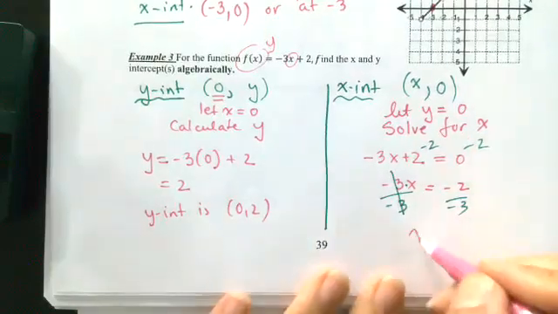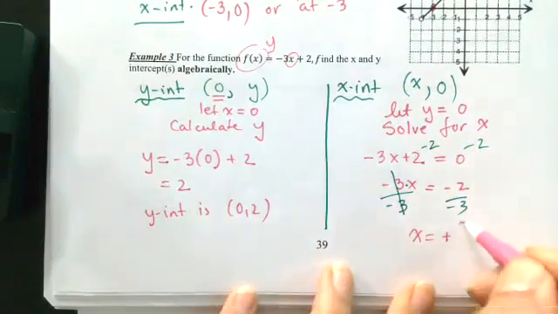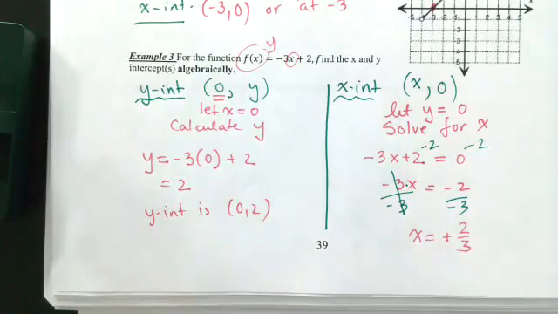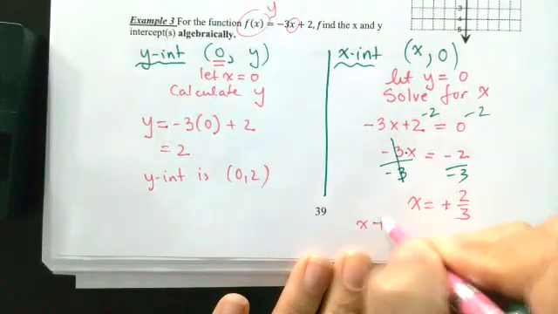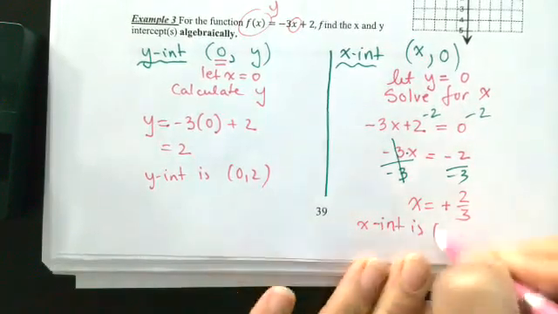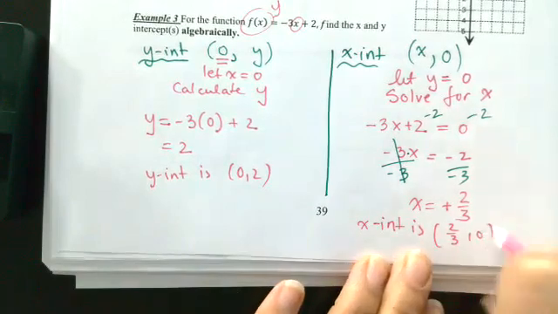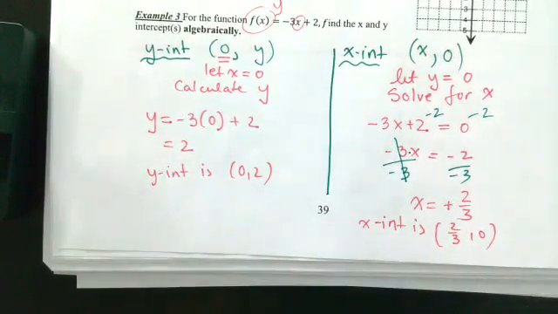Cancels. x equals positive 2/3. So the x-intercept is 2/3, 0, or we can say it's at 2/3.